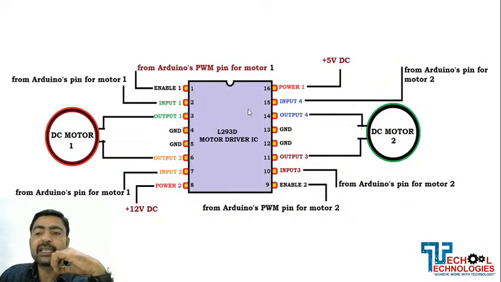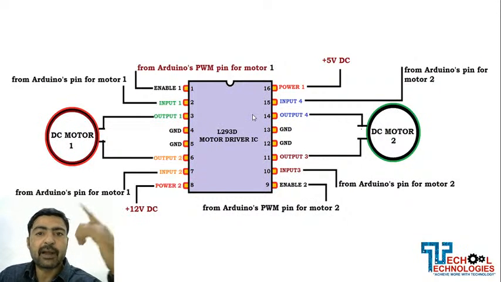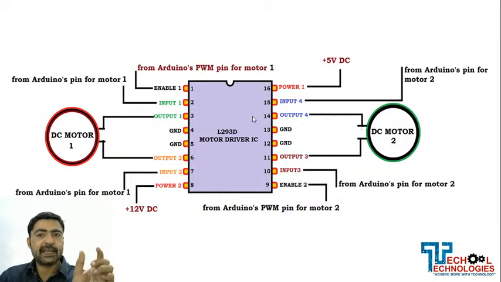This 5 volt DC will power the IC. But to drive the motor, we need to give separate power from a separate power supply or battery, which will be connected to pin number 8. Let's say we are using a battery of 12 volt or 9 volt. That 9 volt battery will be connected to pin number 8.